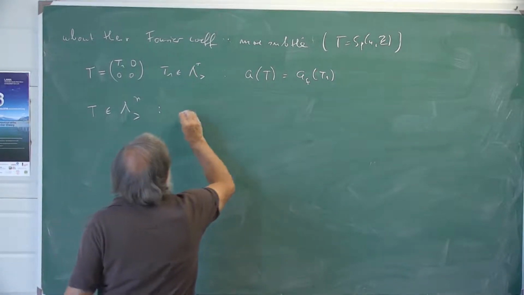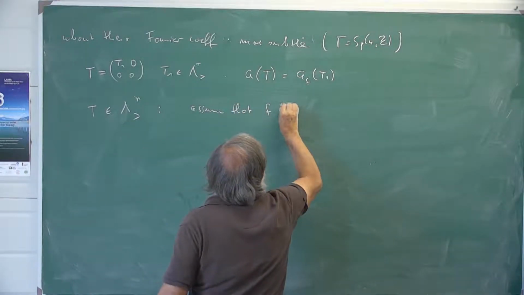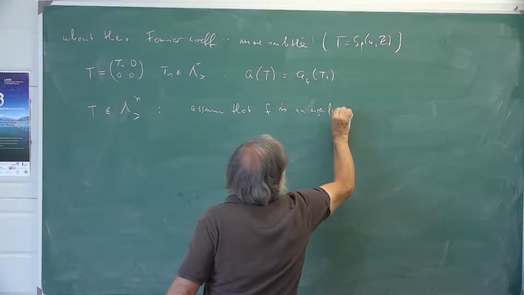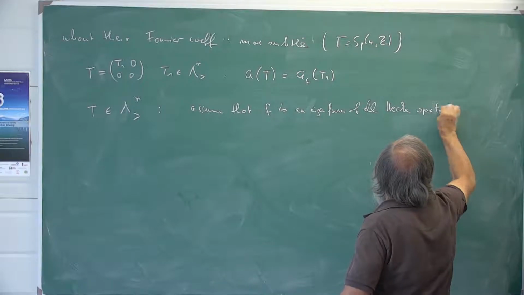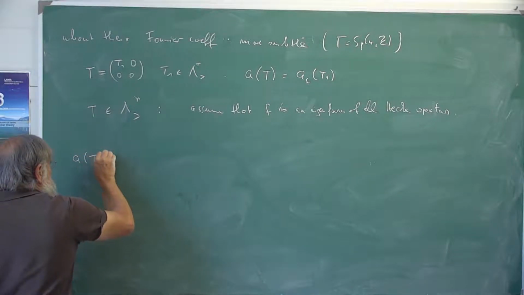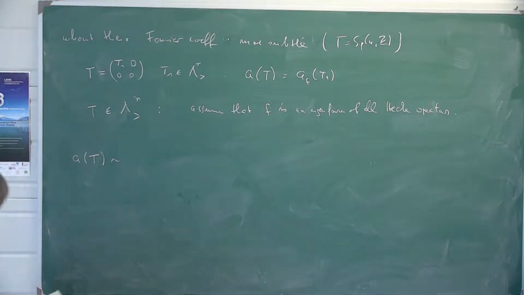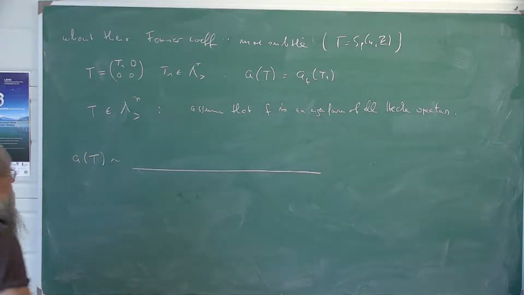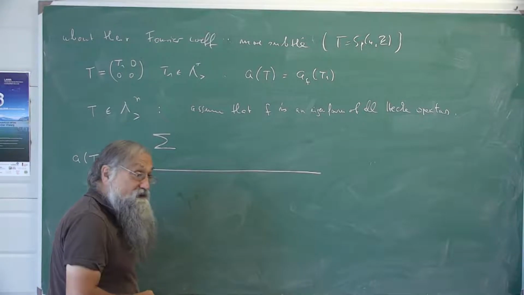So, assume that F is a Hecke eigenform, and, ignoring some factors, I write the quotient of two infinite sums.